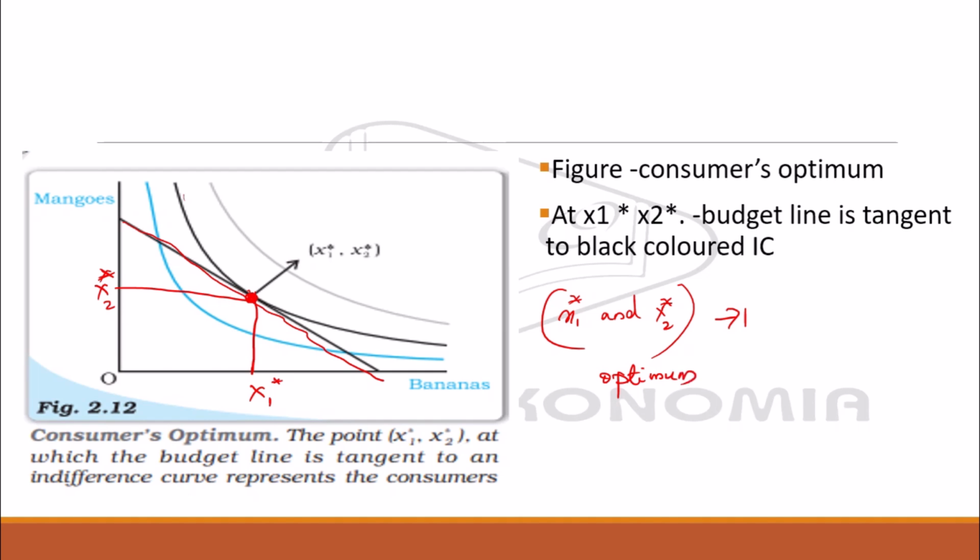Why? Because you could see that the blue line is IC1, the black line is IC2 and the grey line is IC3. And we know that with a higher IC, satisfaction increases.